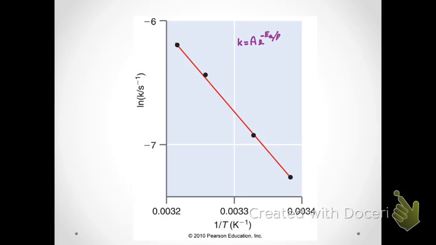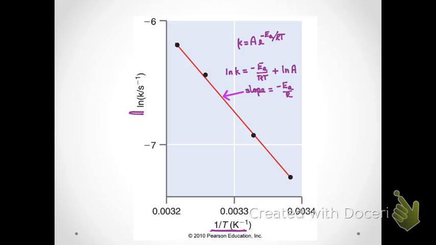All right. Now going back to the Arrhenius equation here, if we take the natural log of both sides, we can see that we get a natural log of k equal negative E sub A over RT, and that if we plot the natural log of k versus 1 over T, according to this expression, we should see a straight line where the slope is just negative E sub A over R. So by plotting the natural log of k versus 1 over T, we'll actually be able to determine the activation energy for a particular reaction.